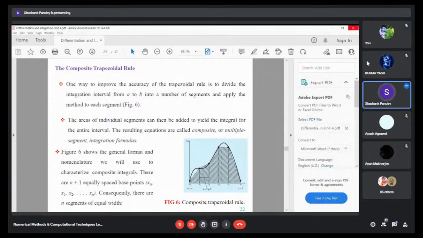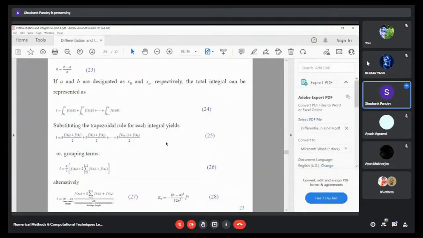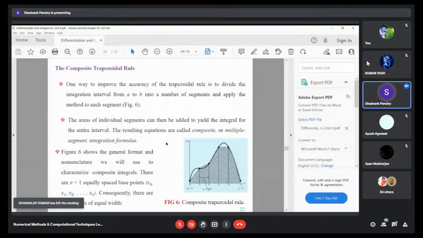There are n plus 1 equally spaced base points. So it is pretty straightforward that we have equally spaced points. Consequently, there are n segments of equal width. The simple method is that we compute the integral of each interval and add all the integrals.